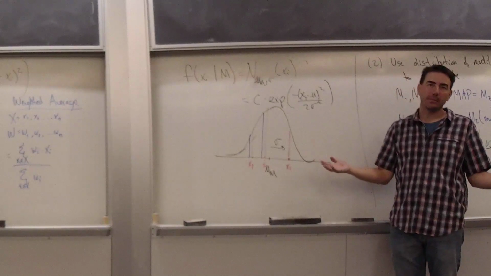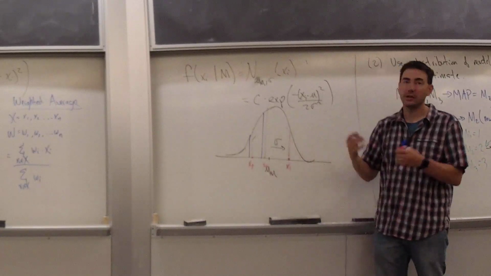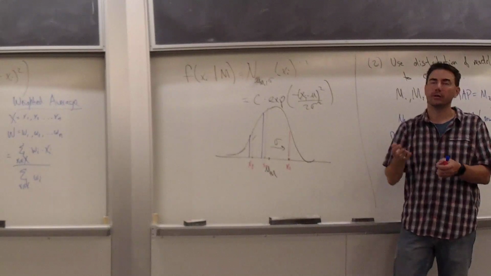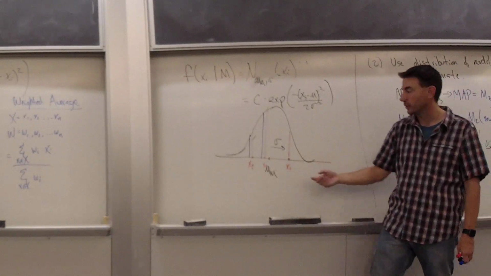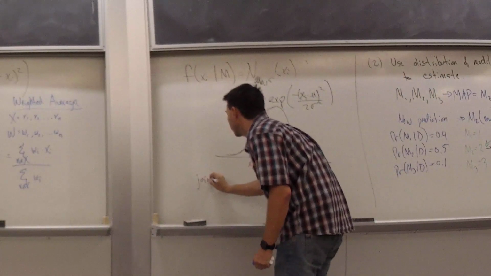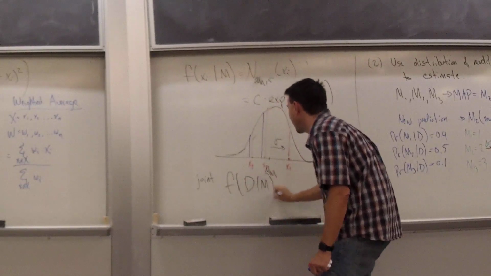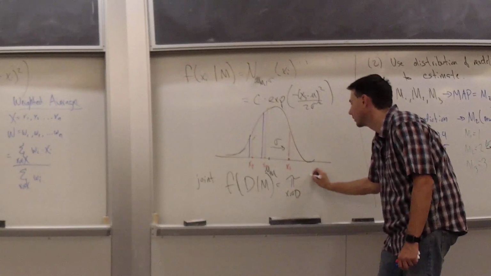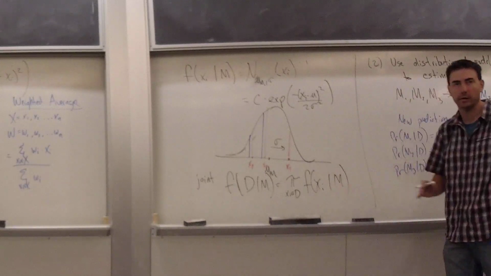Now, if I assume that they were independent, I could write down the likelihood for each one of them, and then I know the joint likelihood is the product of the individual likelihoods of independent random variables. And so if I assume they're independent random variables, I say the joint likelihood of d given m is equal to the product of xi given this model.